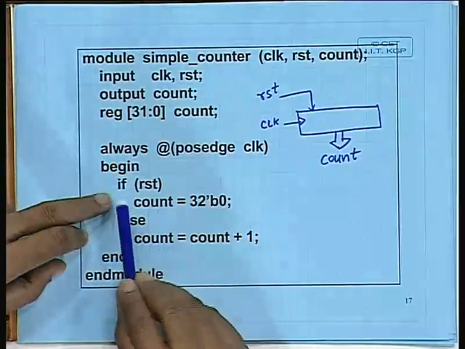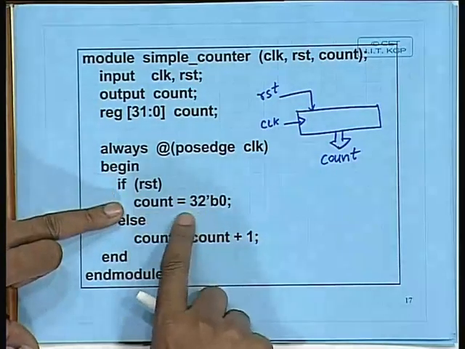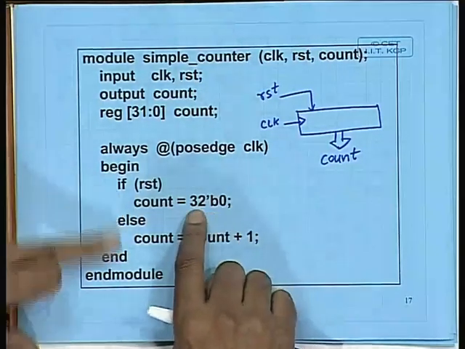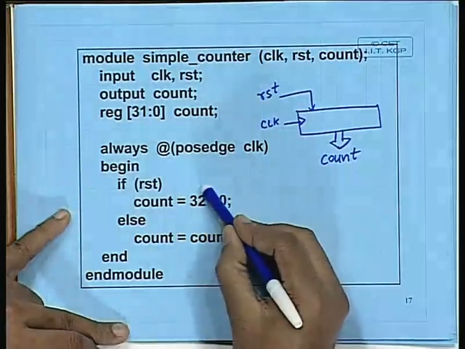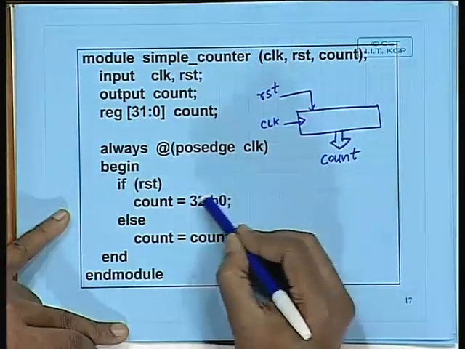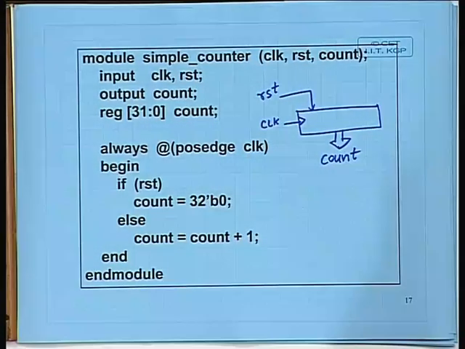This says that if reset is 1, then count is set to 32'b0, which is one way of specifying a 32-bit 0 quantity. 32 is the size, and the apostrophe b means it is in binary 0. So 32 zeros, a 32-bit number.